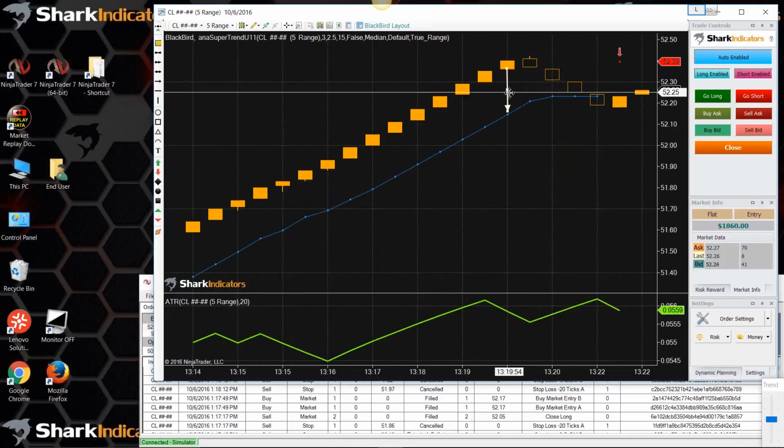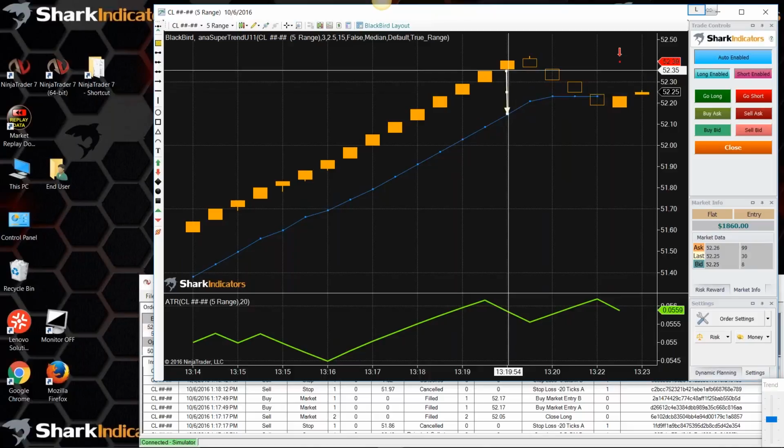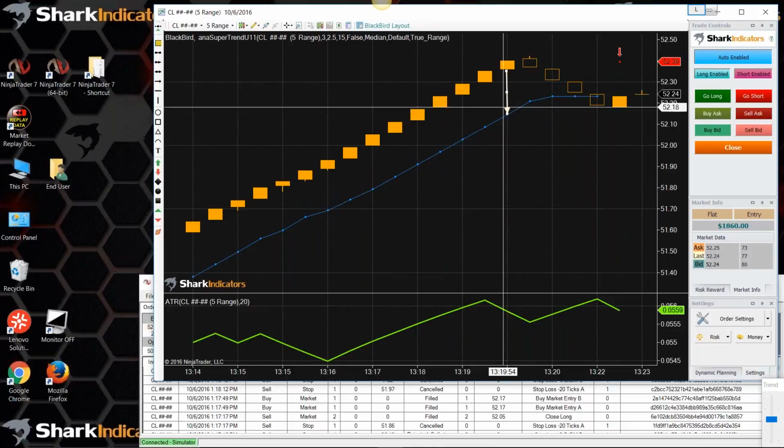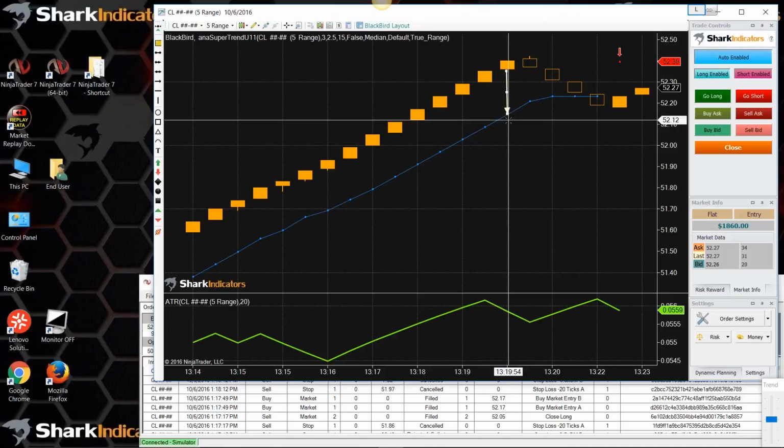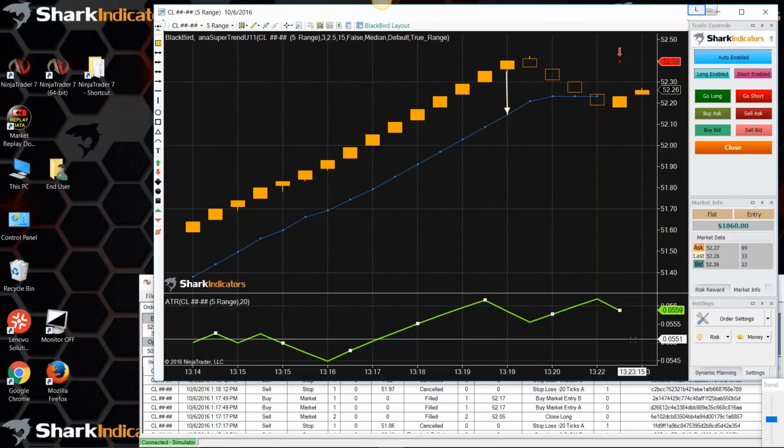Basically, my white arrow: you would need to rewrite the anaSuperTrend indicator so that it gives you the distance of this arrow, and then you could use that as your stop loss offset. Because remember, the ATR is giving us a distance of 0.05, which is 5 cents, or basically 0.05 points.